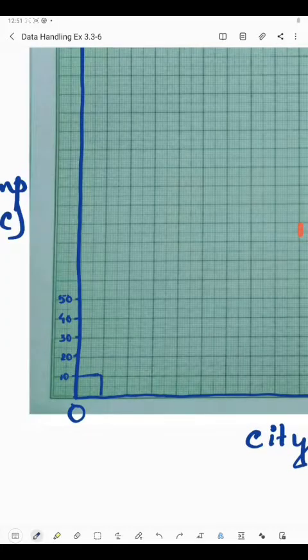Since 10 total number of boxes are there in 1 unit, it will be divided by 10, we will get 1. That means each small box will be 1.